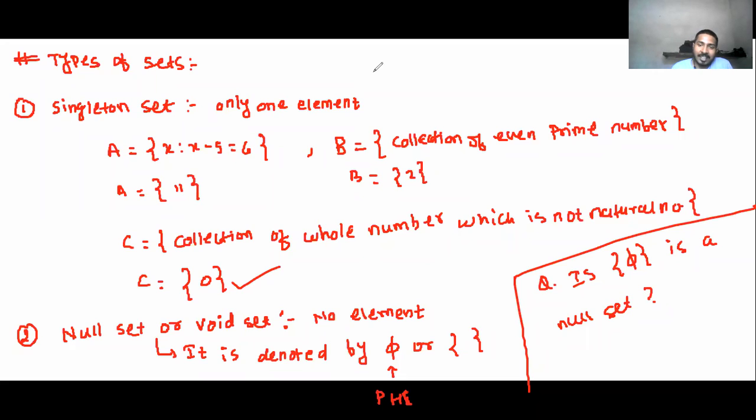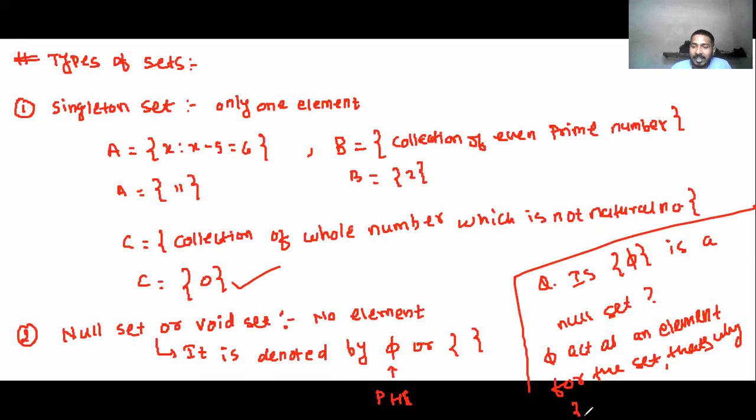So the null set is an element of this set. Exactly. It acts as an element for the set. And that's why this is not a null set.